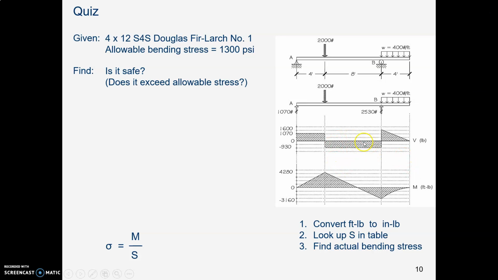And if you want to, you can look up in your AISC shear and moment diagram handout. Somewhere in there is a shape where the loads look like this, and you could see. Anyhow, we're going to go on and find out how big is the bending stress, and is that okay?